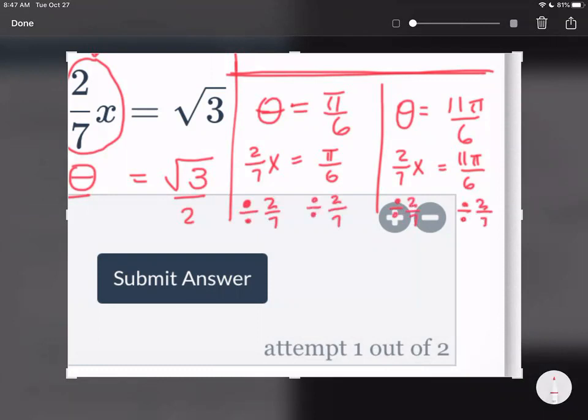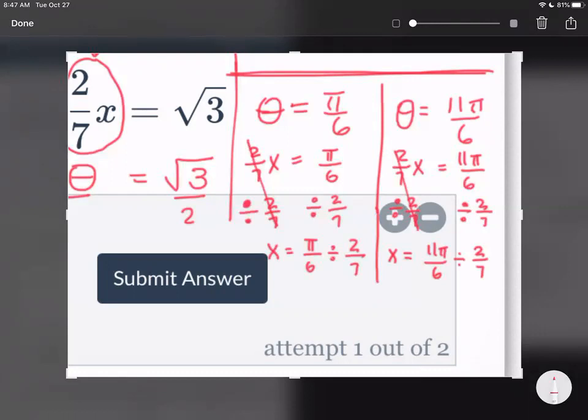So the 2 over 7 being multiplied to x can cancel that. And then we will have x is equal to pi over 6. I'm just going to write it as divided by 2 over 7 for now. And on this side, x will be equal to 11 pi over 6 divided by 2 over 7 for now.